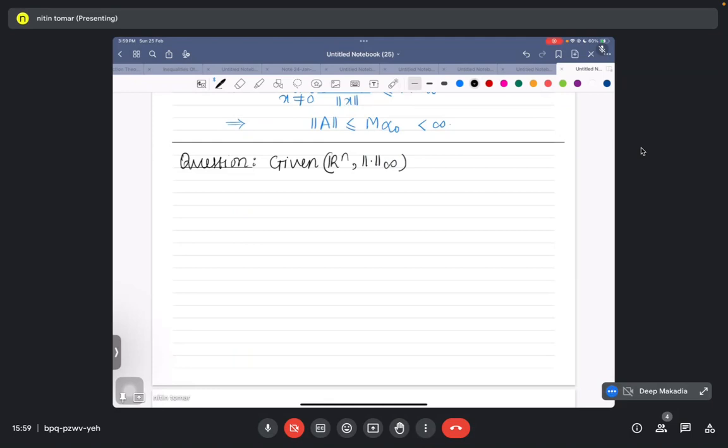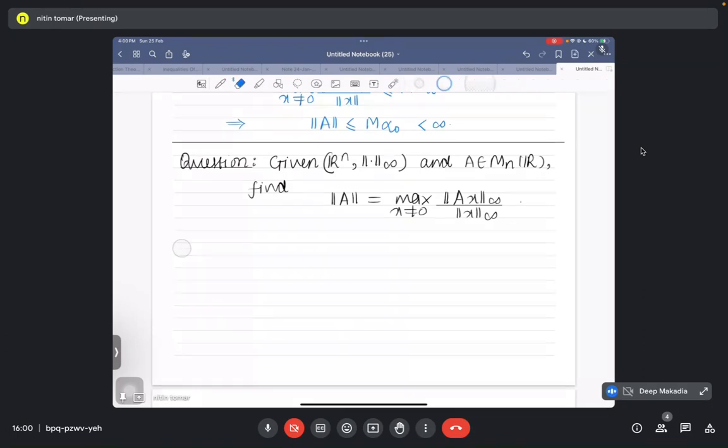So this norm, and A in the n cross n matrices, find the, is the question clear?